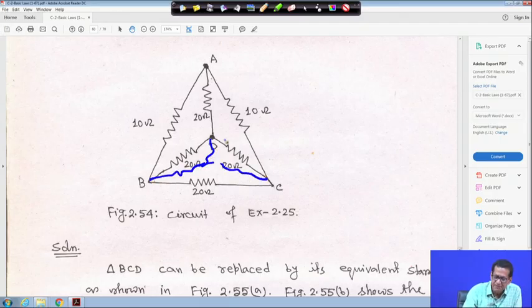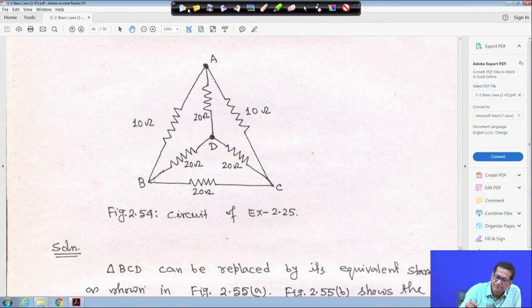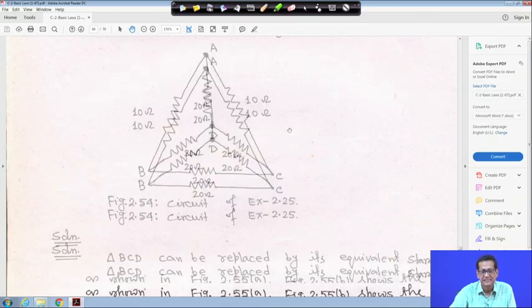If point D were asked for something else, then this one would be in series, but as R_AD we have to find out, naturally this 20 by 3 will be taken in a different way, because our objective is R_AD. So let me clean it. When I was telling it, I said it is in series, but our objective is R_AD. Had it been something else except this point, then it should have been in series anyway.